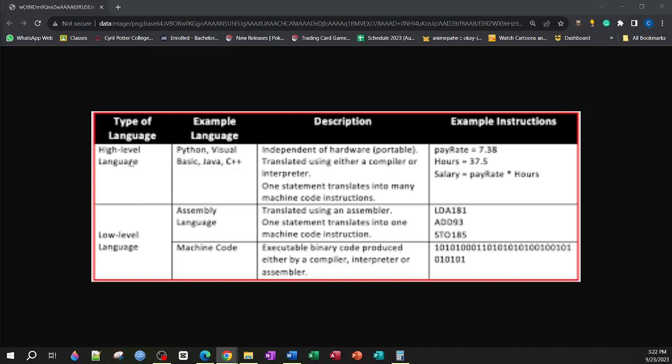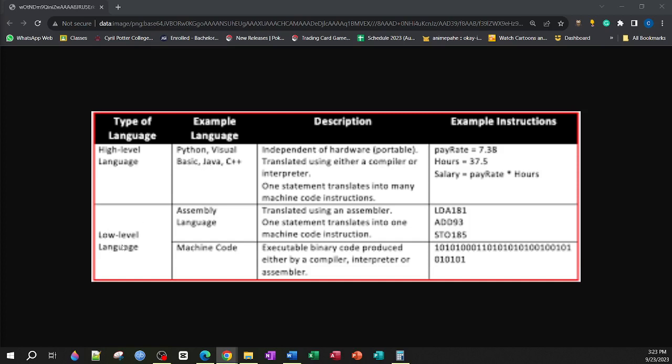It's like how we can read and understand English. So the programming languages are written in English basically, such as Python, C++, Java, and so on.